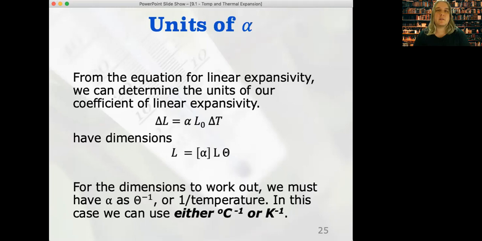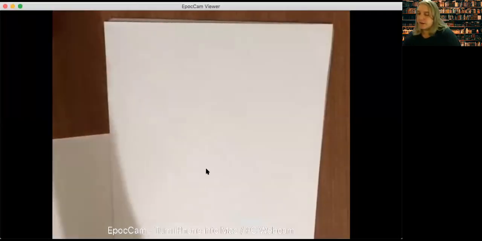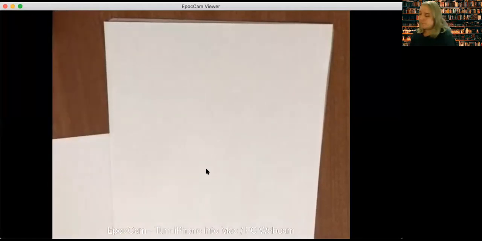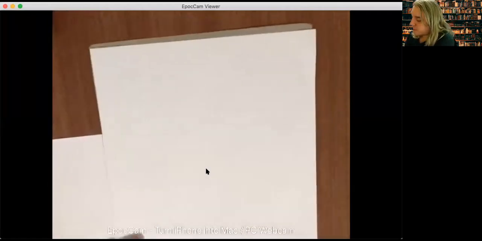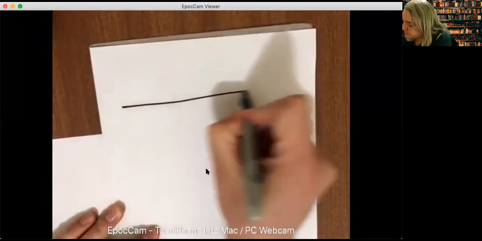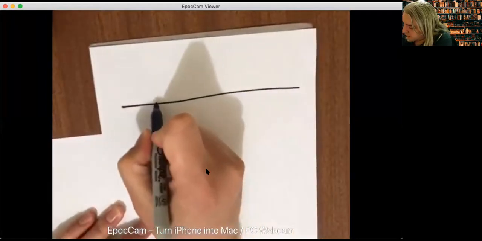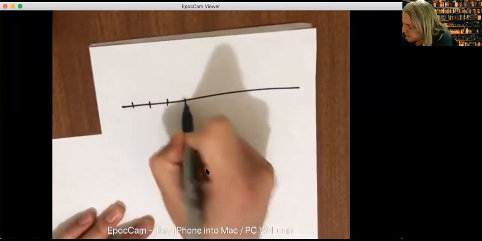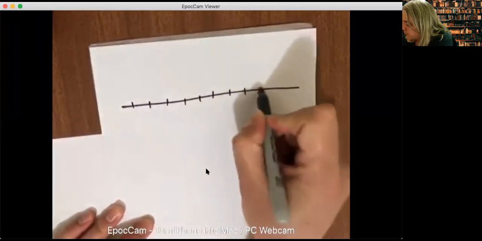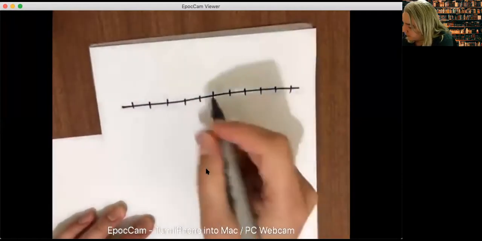I might actually just draw a little number line as an example. I want this to be really clear because this is a common sticking point. If you've got a temperature scale, let's just make some random scale. Hopefully those are about evenly spaced.